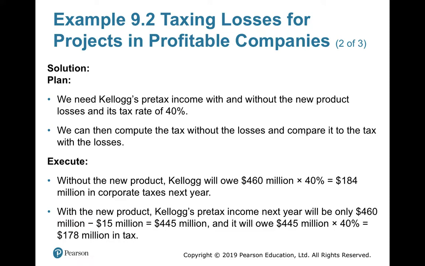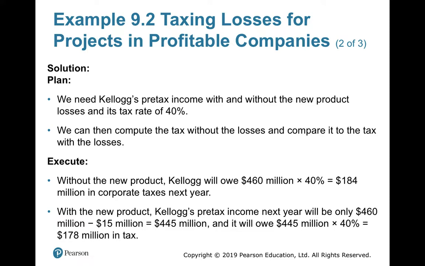If there is no new product, what tax will Kellogg pay? 460 million, its normal operational profit, multiplied by 40% tax is 184 million. That is the tax without any new product. Now if the company introduces the new product, that is gluten-free breakfast pastry, then it will have a 15 million pre-tax loss.